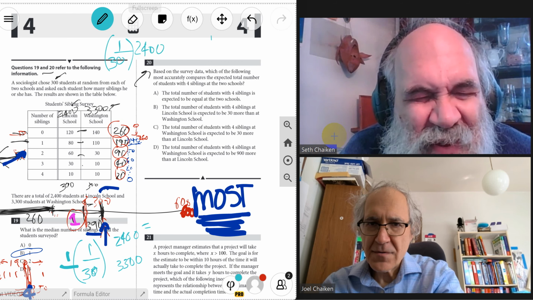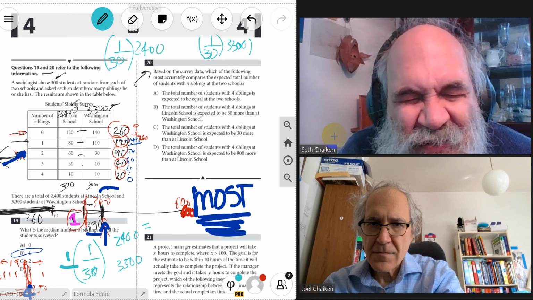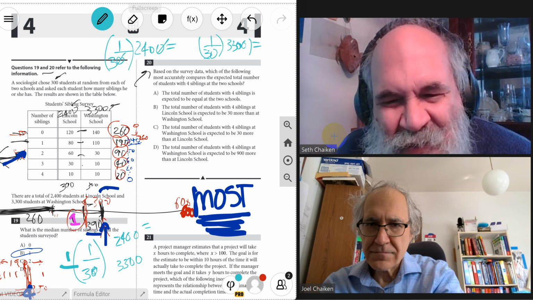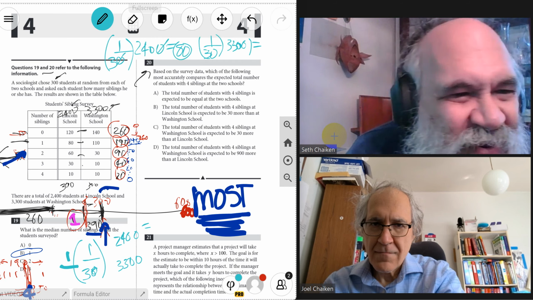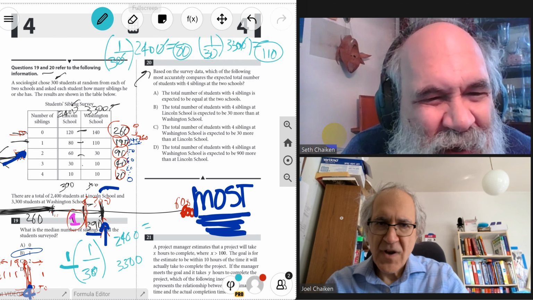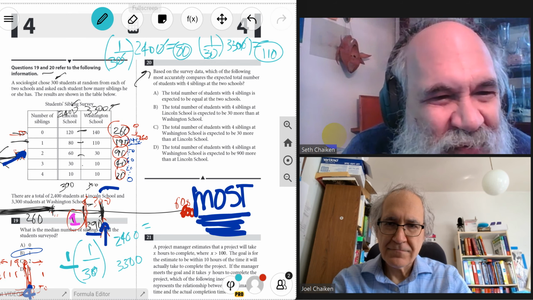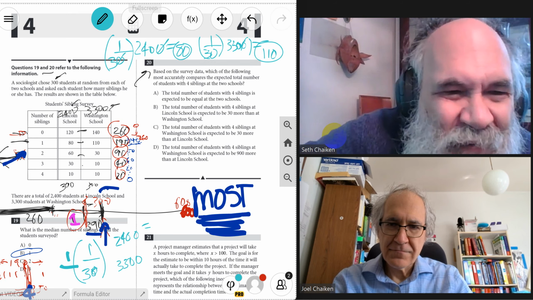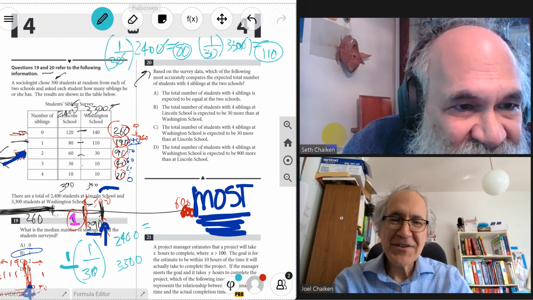So the first step in this problem is to calculate the sample frequency for 4 siblings in first Lincoln and second Washington. So the sample frequency for Lincoln is 10. Jeff, I already did it.